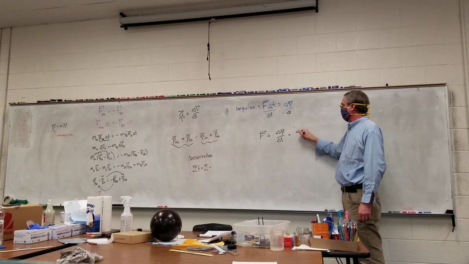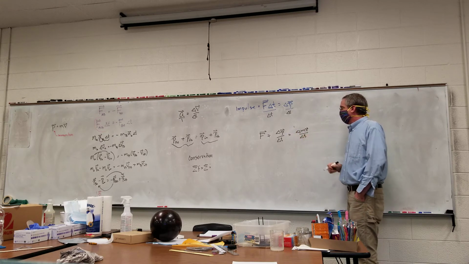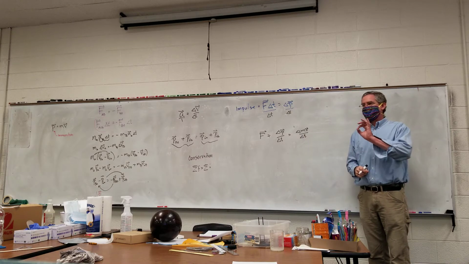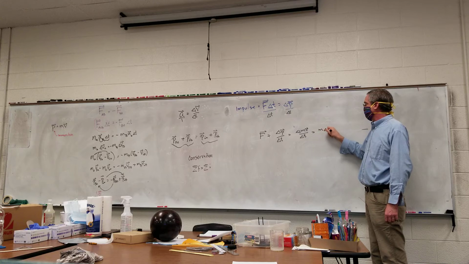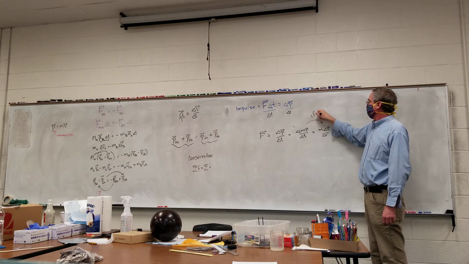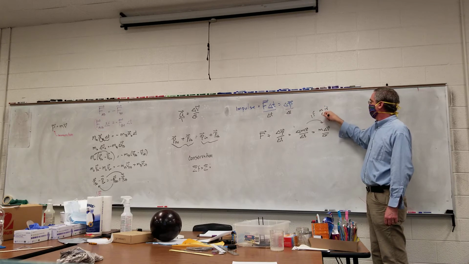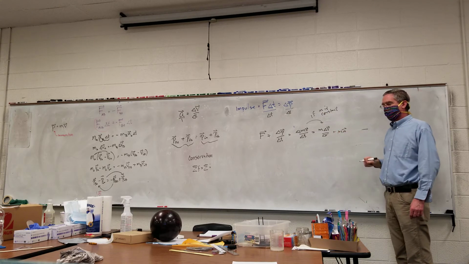So this is the change in mv over the change in time. Now, if the mass stays constant, then this becomes mass times change in velocity over change in time. So, again, this is if mass is constant. Which is just mass times acceleration.